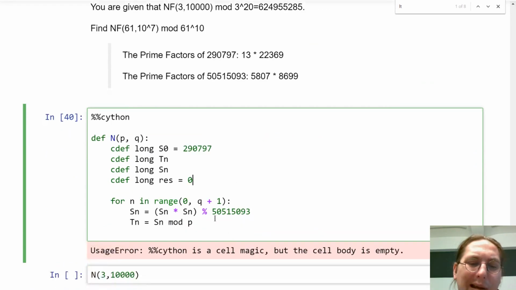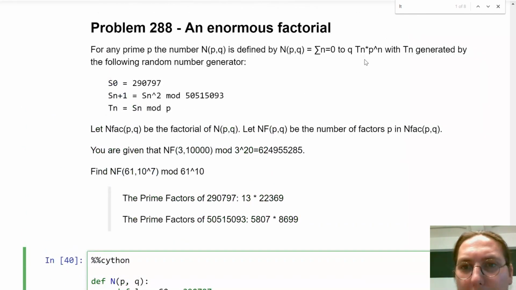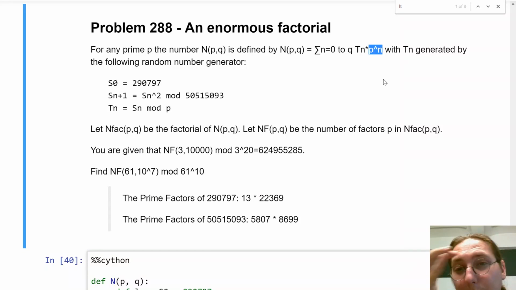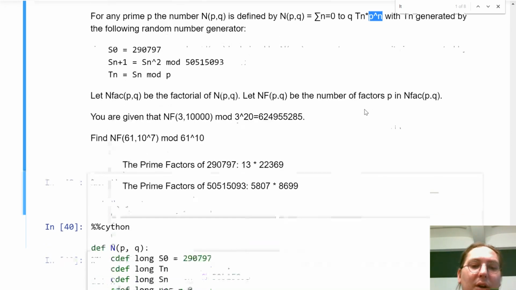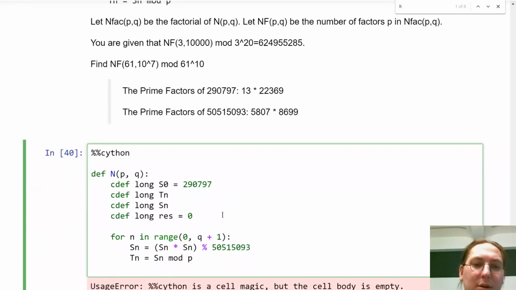But do a running variable on p to the power of n too, because in every n, pn is pn times p. It's quicker than letting it calculate the power of n. Right, you want p to the power of n, and every time I just multiply by p? Yeah. Okay.